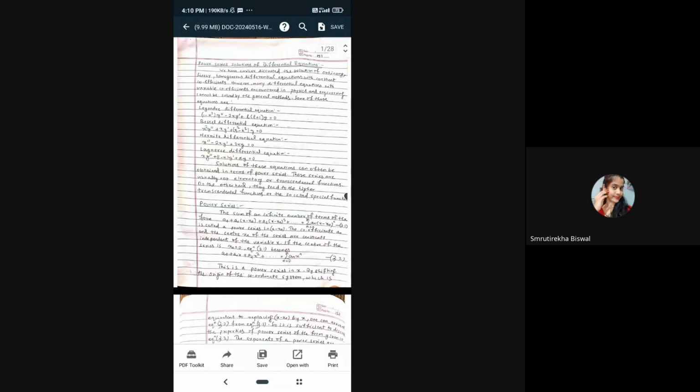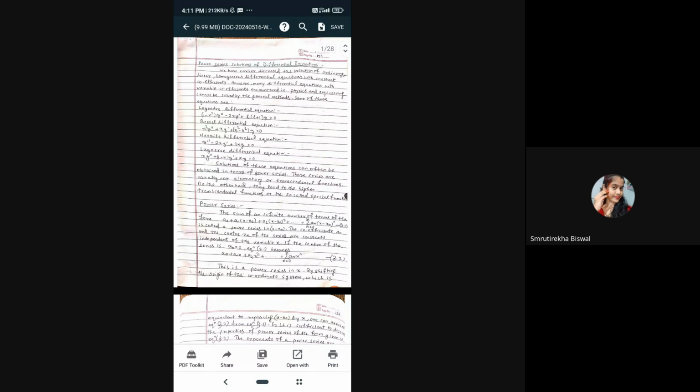Why are they called special functions? Because an ordinary linear homogeneous differential equation with constant coefficients can be solved using separation of variables. There are a number of methods you can use to solve it.